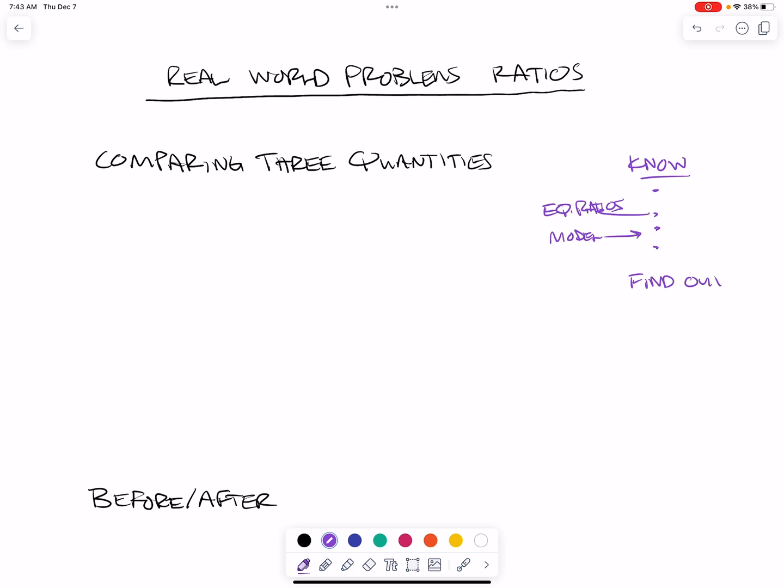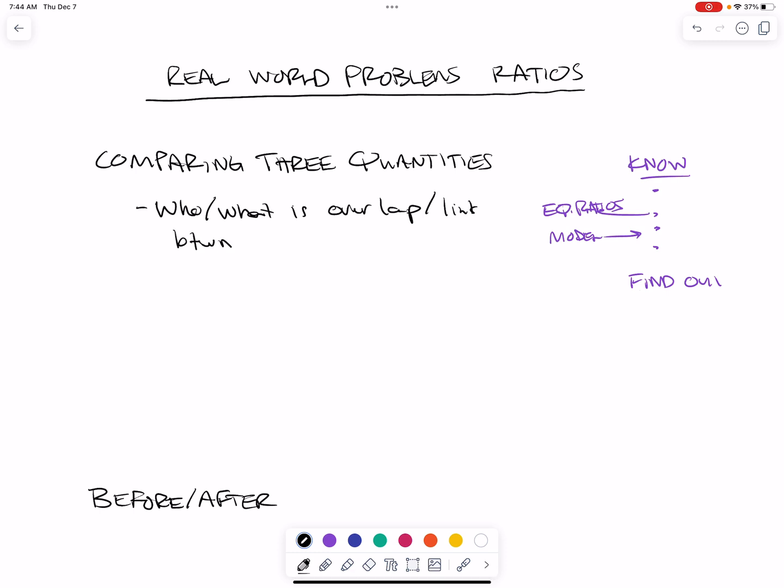So when we're dealing with comparing three quantities, one of the first things, if you've identified a type of one of the questions as this type, is to look and see what has stayed the same. Oops, I'm sorry, that's for before and after, I apologize. Not what has stayed the same, but who is the overlap? Who or what is the overlap or the connector or the link between them?